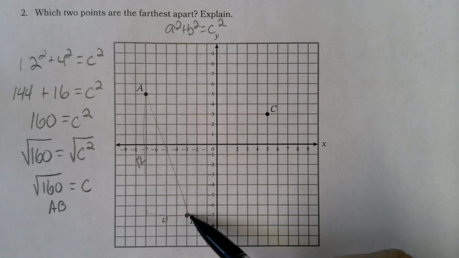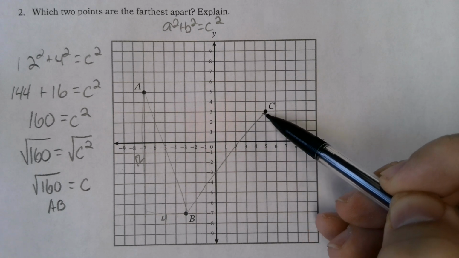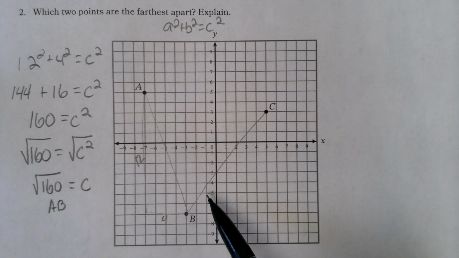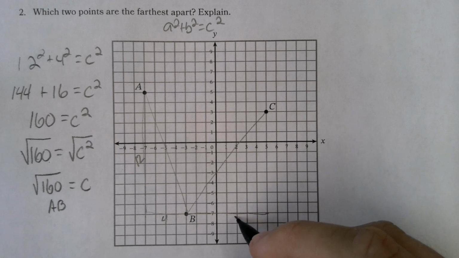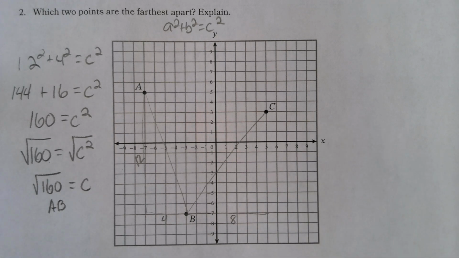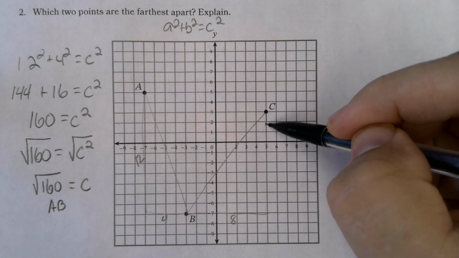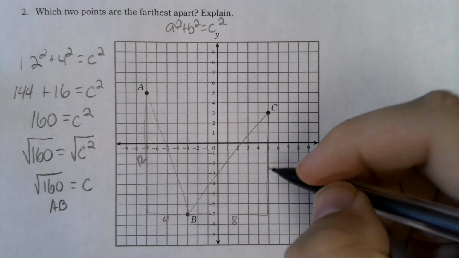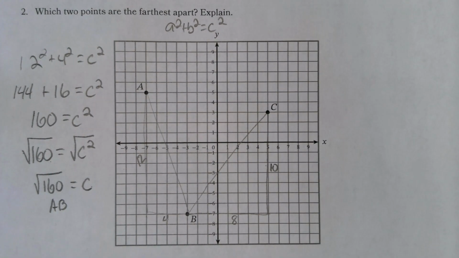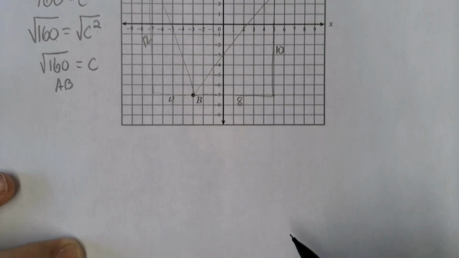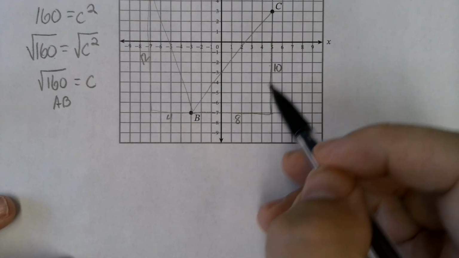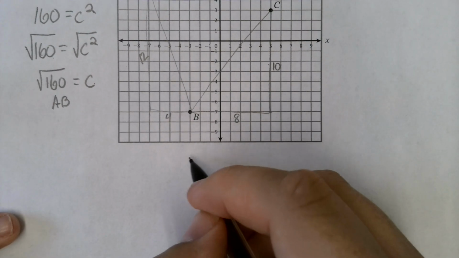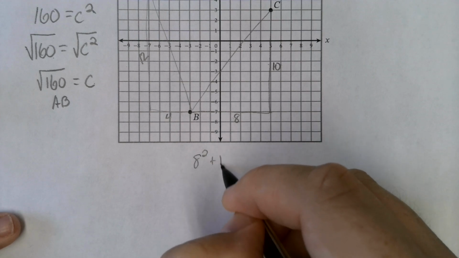To do the same thing for B and C, again, we have a diagonal. So I'm going from -3 to 5, which gives a measurement of 8. I'm going from 3 to -7, which gives a measurement of 10. So I'm going to have a triangle that is an 8 and a 10. So I have 8 squared plus 10 squared.